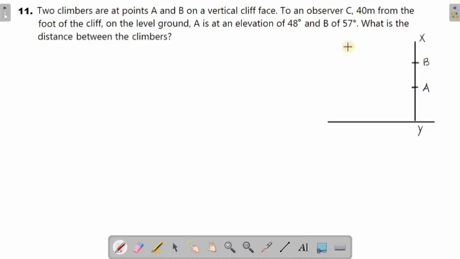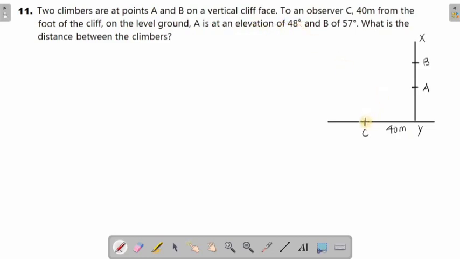To an observer C, 40 meters from the foot of the cliff. So from the foot of the cliff, move 40 meters and that point becomes your point C. From point C on the level ground, A is at an angle of elevation of 48 degrees.